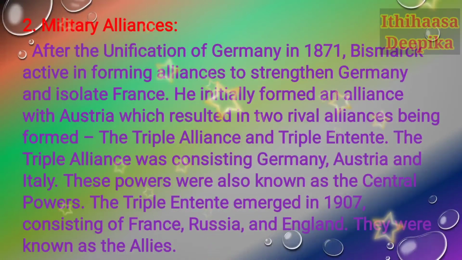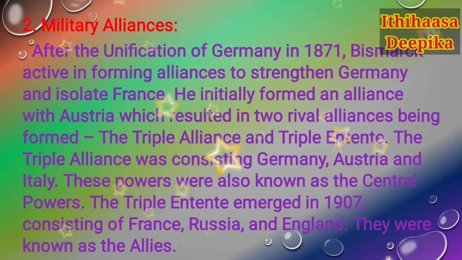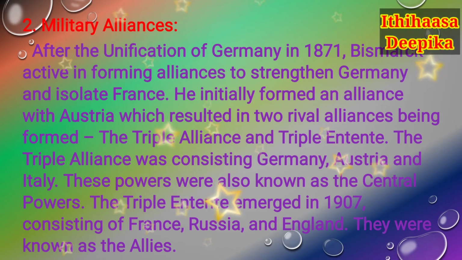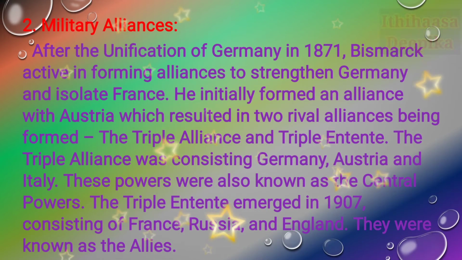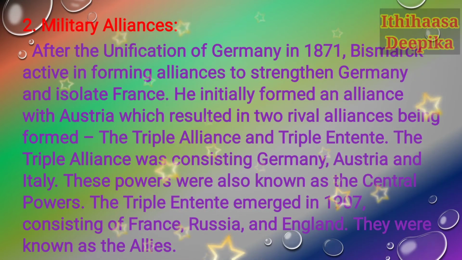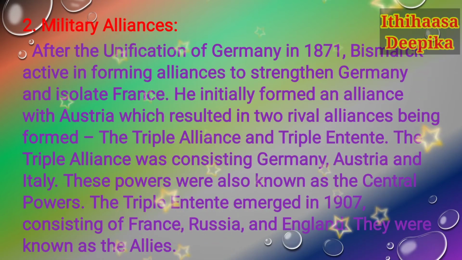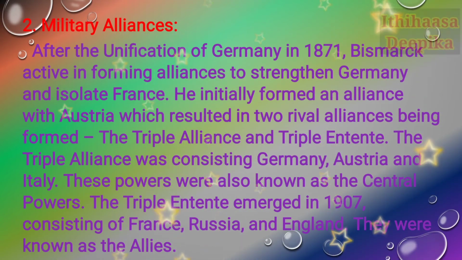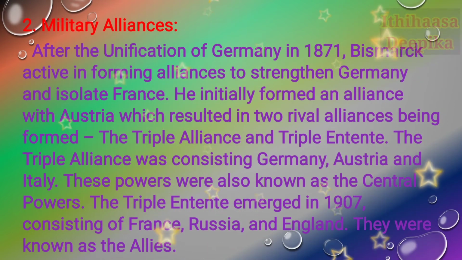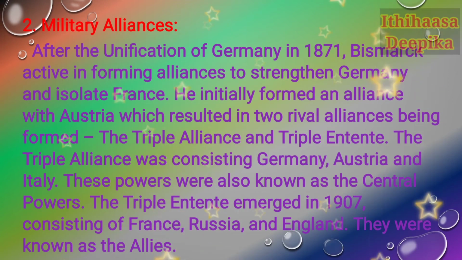Second one, military alliances. After the unification of Germany in 1871, Bismarck was active in forming alliances to strengthen Germany and isolate France. He initially formed an alliance with Austria, which resulted in two rival alliances being formed: the Triple Alliance and Triple Entente.